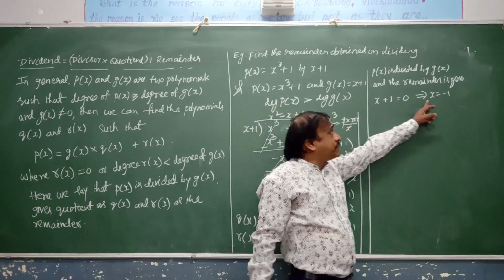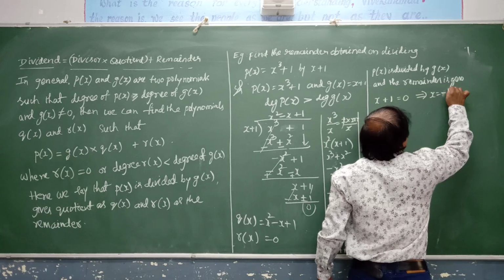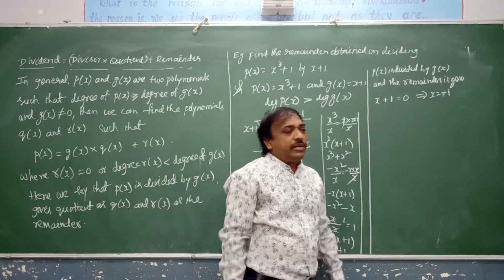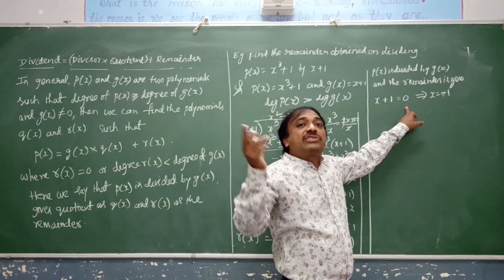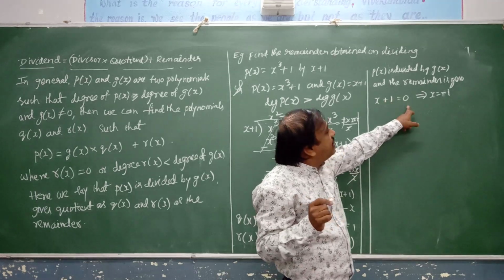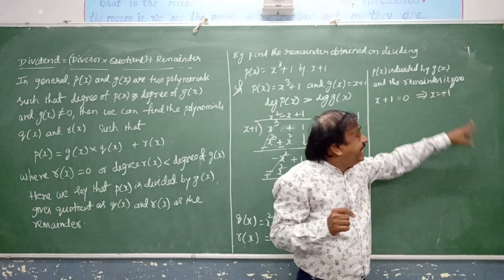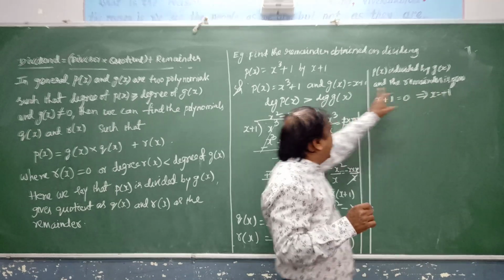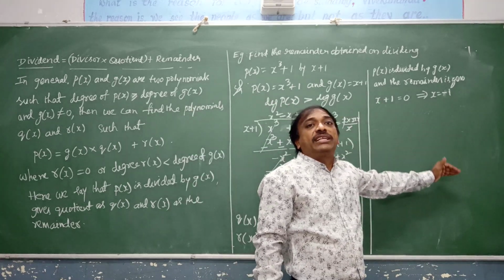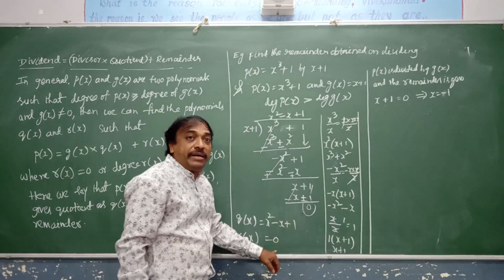That means if you substitute minus 1 in place of x, you will obtain 0. x plus 1 equals 0, as we learned about the zero of a polynomial in the previous session. Now if you substitute this minus 1 in the polynomial p of x, you will definitely obtain the remainder 0, because here you obtain the remainder 0.